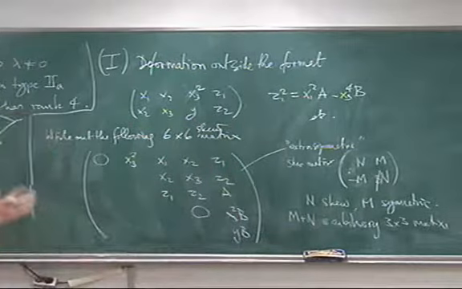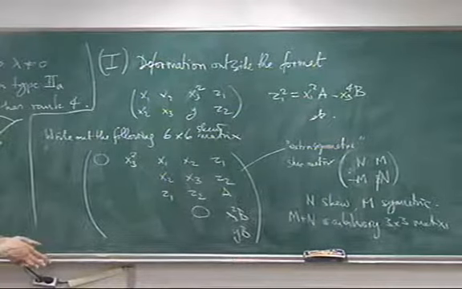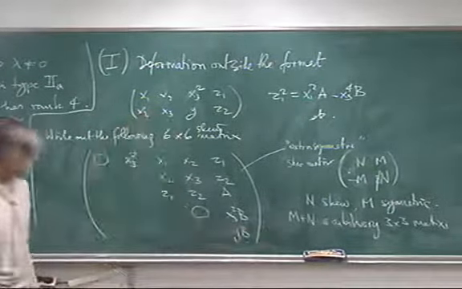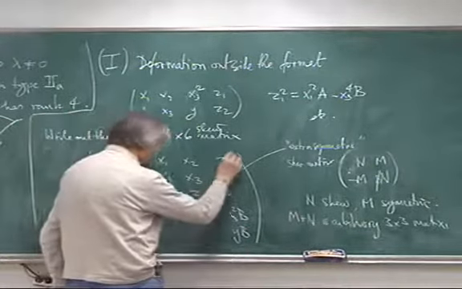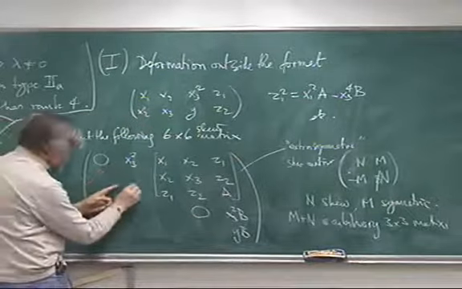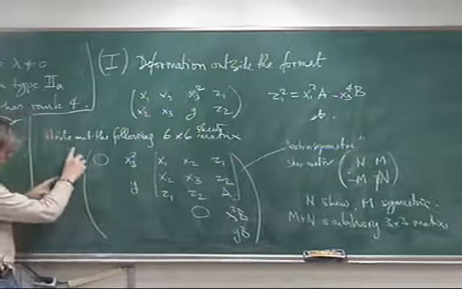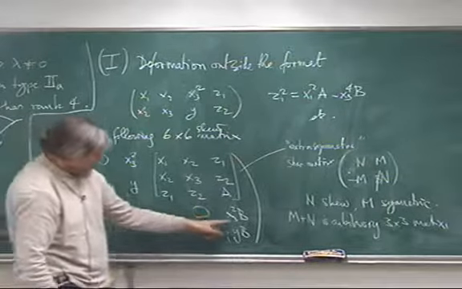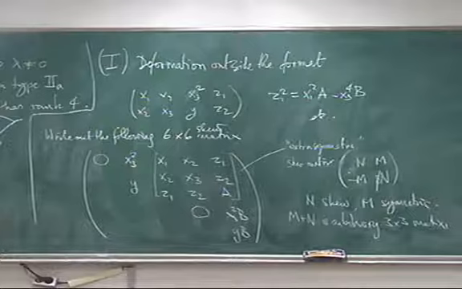If I've got a 3 by 3 matrix, I can take M plus M transpose and M minus M transpose. So this one here is symmetric, and there's a little 3 by 3 block. A 3 by 3 skew symmetric matrix only has these 3 entries, and this block is repeated twice.